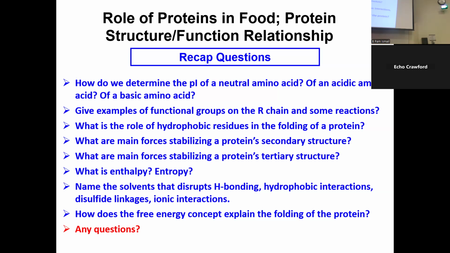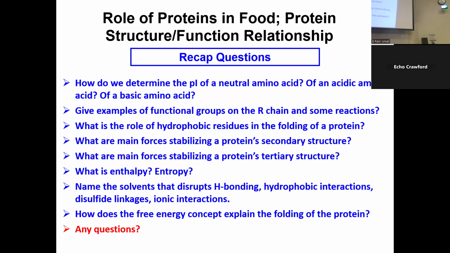And that brings us to the fourth question. What are the main forces stabilizing protein secondary structure? So that initial movement and start of folding brings the residues close to each other, and what type of bonding occurs? Hydrogen bonding. Okay. What about tertiary structure? What forces stabilize tertiary structure?